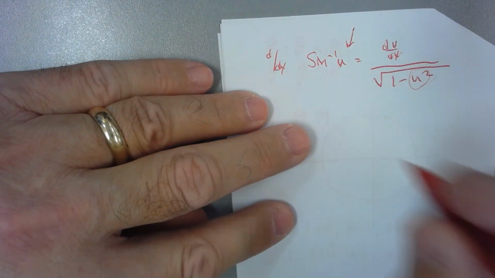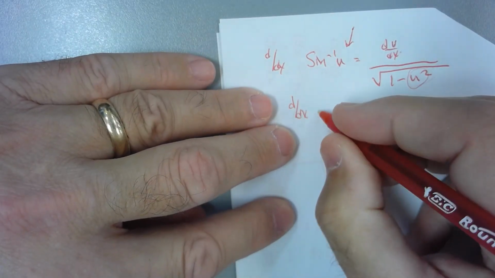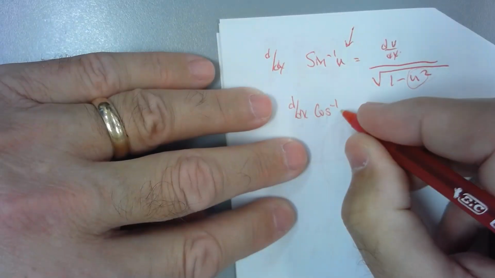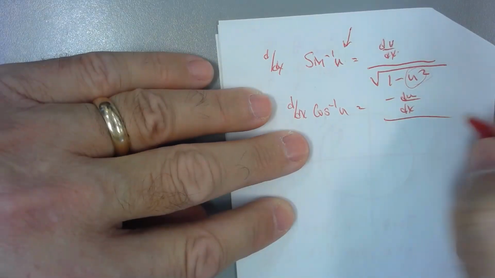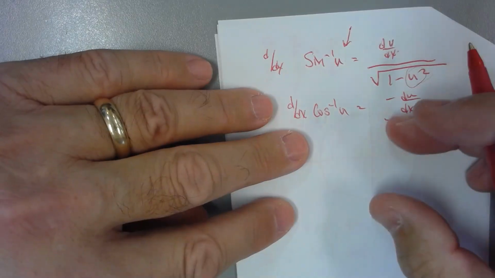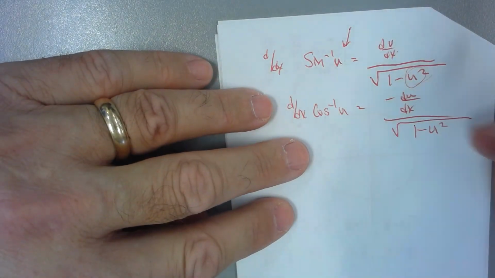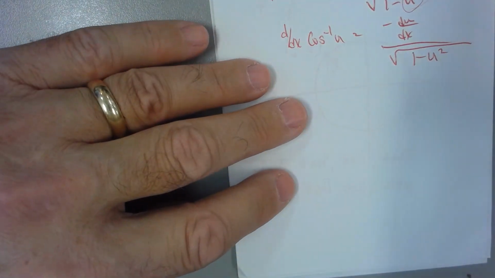For cosine, if we take the derivative of inverse cosine, it's just negative du dx over the square root of 1 minus u squared. I'm going to just do tangent, but cotangent is the negative version, and I'm going to just do secant, and cosecant is the negative version.